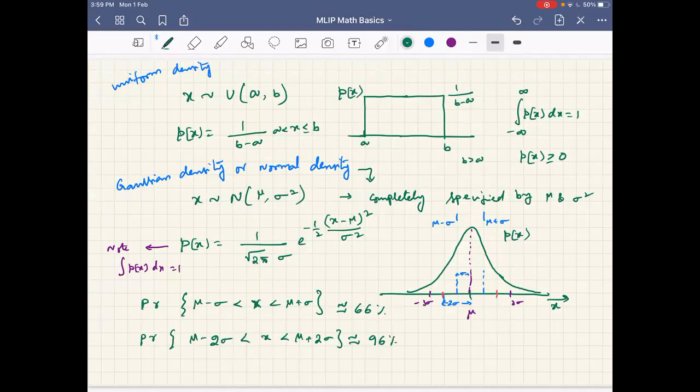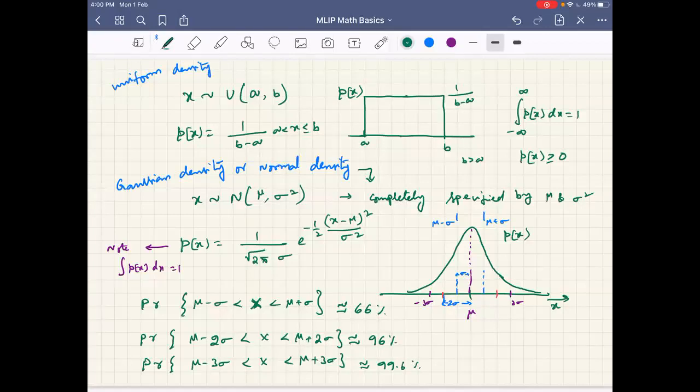And then the probability that x takes values from mu minus 3 sigma to mu plus 3 sigma, you can consider capital X as the random variable and small x as an instance of the value it takes, so it is fine to write this as capital X as well. It's close to 99 point something percent, almost 99.7%.